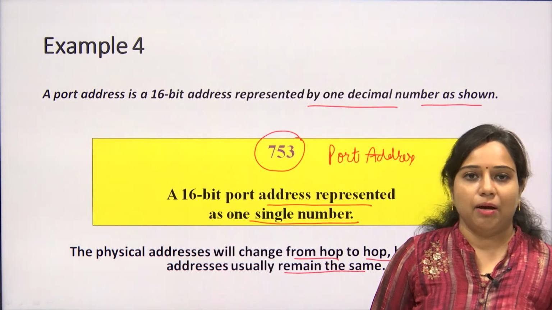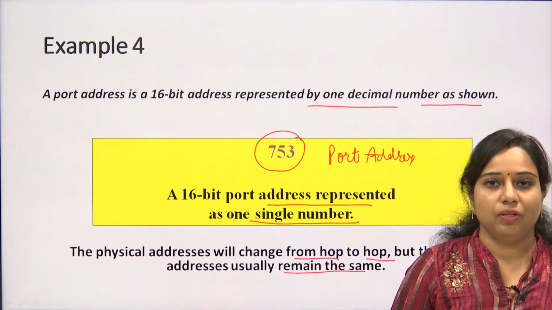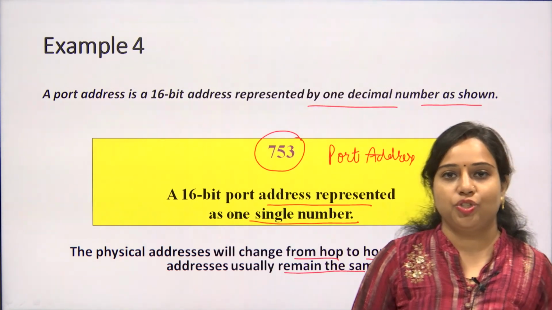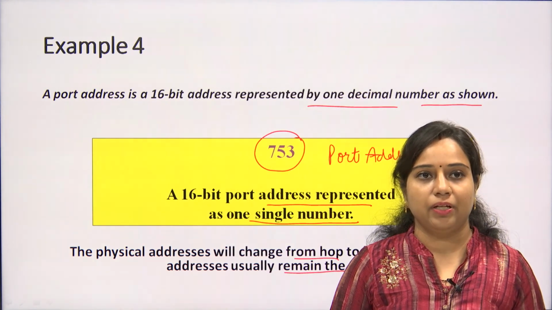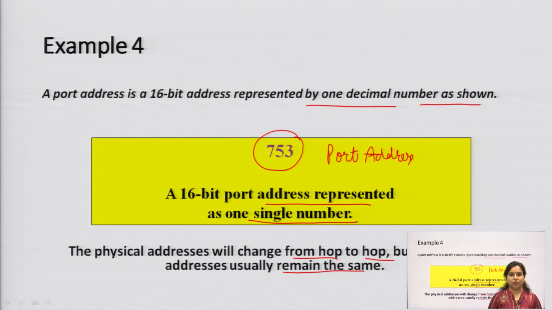So, in the first example, we have seen how the physical address is associated with a particular device. It will change whenever we transmit the information from one device to another device. Every router or any hardware device will have its own physical address. Secondly, in the next example, we have seen how we have to write the particular address in the hexadecimal form. Two hexadecimal digits are separated by a colon sign.